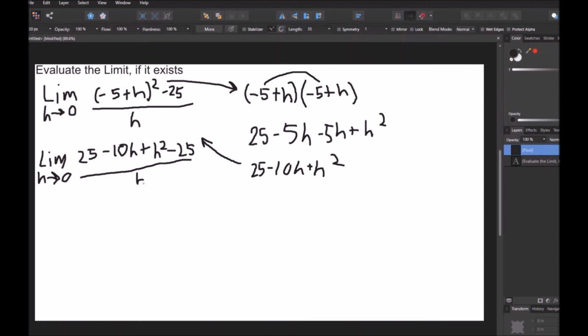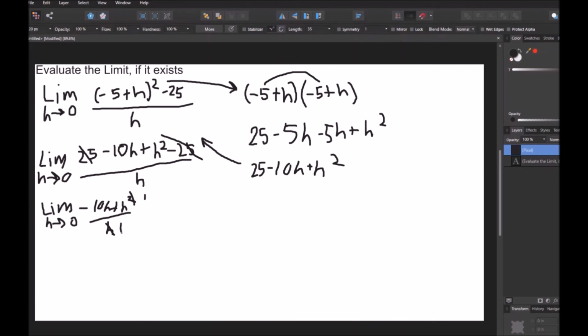over h. And this 25 and this negative 25 are going to cancel, giving us the limit as h approaches 0 of negative 10h plus h squared over h. And we can take out an h from each term here.